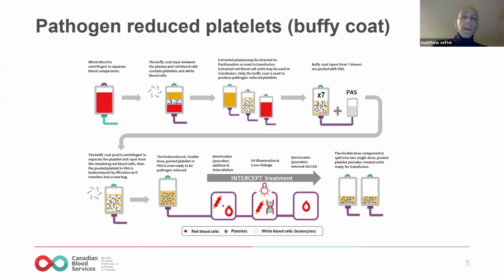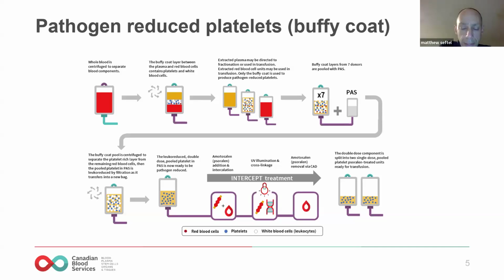These are universally leukoreduced and, for the last years, subjected to a pathogen reduction system using the Intercept system, whereby we introduce a psoralen photosensitizer, and pooled platelets are subjected to ultraviolet illumination. And at that point, distributed to sites to be issued to patients.